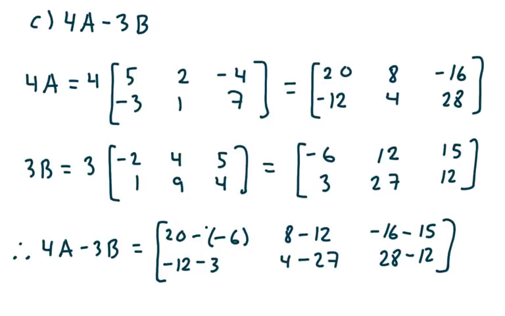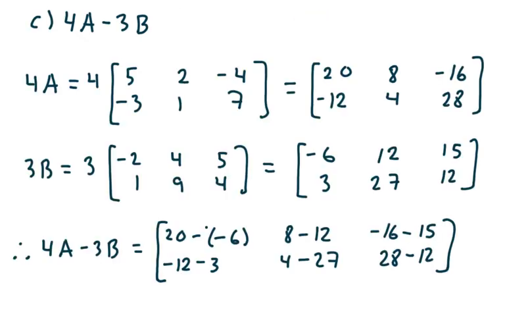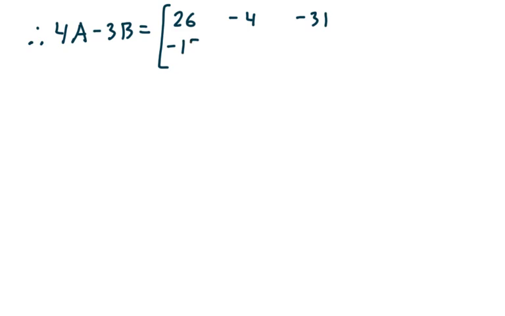So, therefore, 4A minus 3B. We're ready to do this now. In the first row, we get 26, negative 4, negative 31. In the second row, we get negative 15, negative 23, 16.